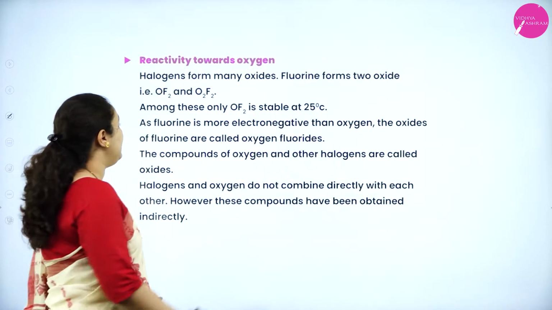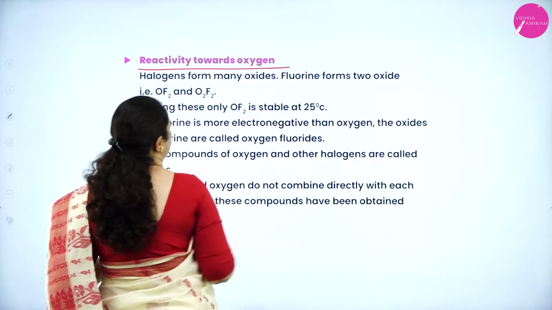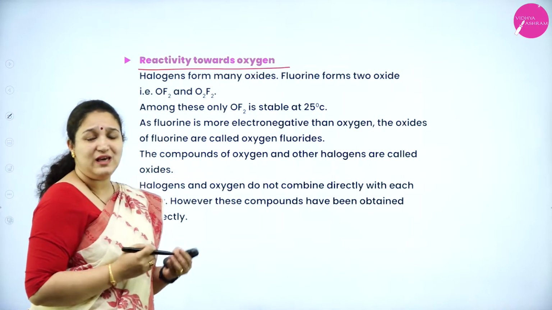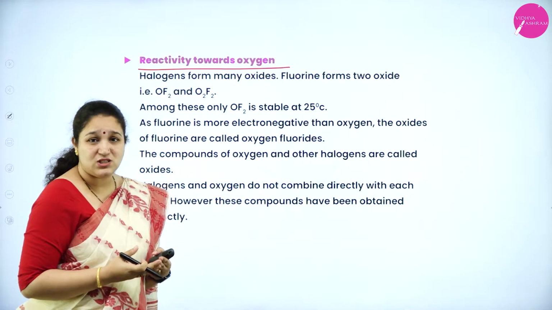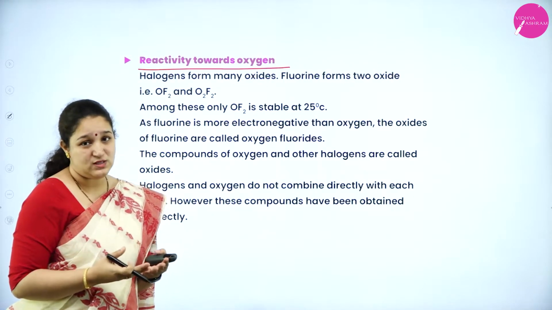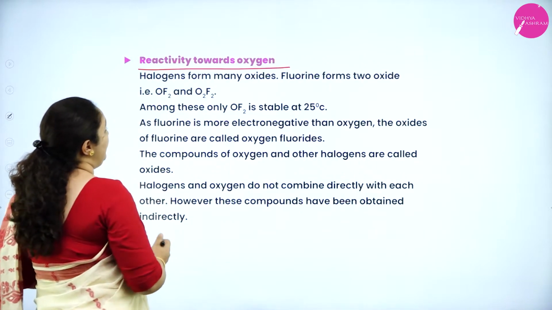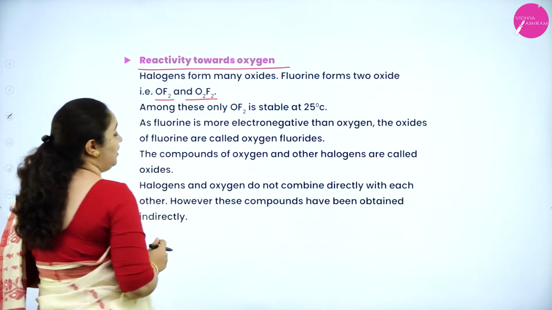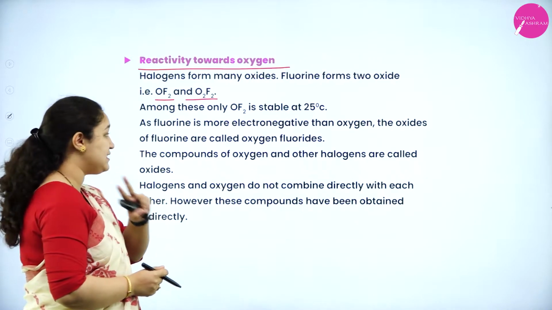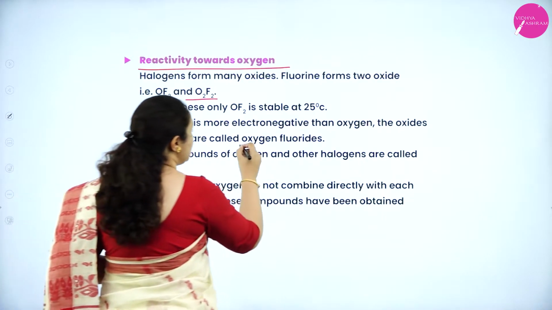Next is reactivity towards oxygen. Here all the halogens react with oxygen to form different oxides. Only fluorine reacts with oxygen to form two different compounds, and they are called oxygen fluorides.